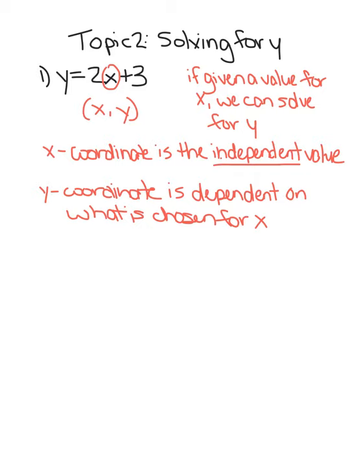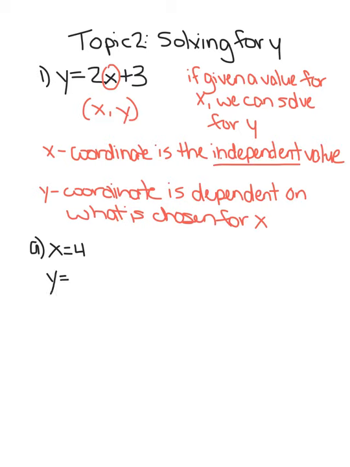So let's go back up here to this problem, right? So here's my problem, y equals 2x plus 3. I'm going to do a little subset A here, and I'm going to tell you I want x to equal 4. So we're going to take this equation, y equals 2x plus 3, and instead of x, we're going to put 4.